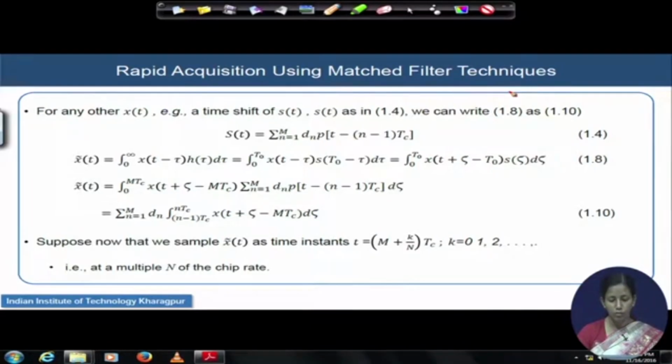So in such a situation, the earlier equation of x delta t, which ended here, now looks like this.